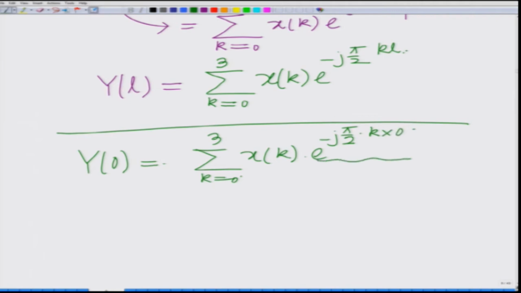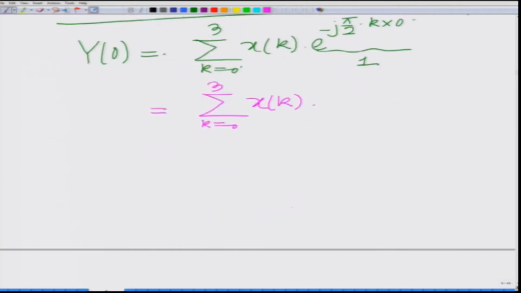So this quantity is 1, and it is simply the summation of the various time domain samples, which is 1 plus half plus half plus 1, equal to 3. So my Y0 is equal to 3.